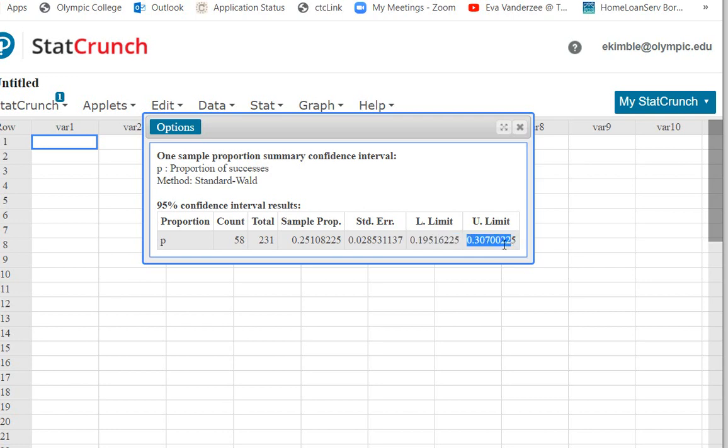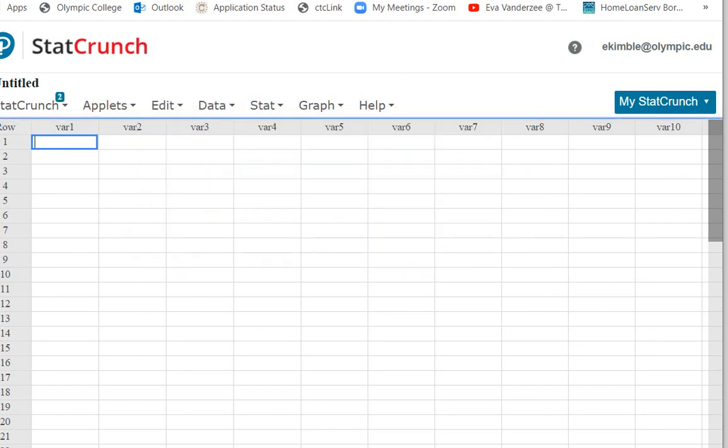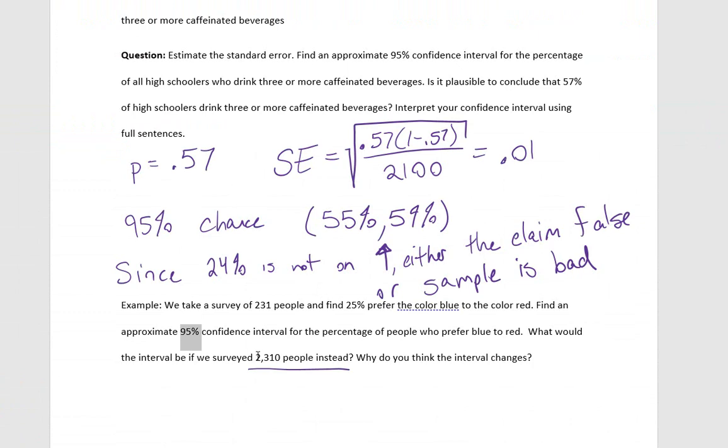You're going to see your upper limit, which would be about 30.7%. Now the other thing is that you're also going to have your standard error here. Okay, so our standard error is about 2.85%.